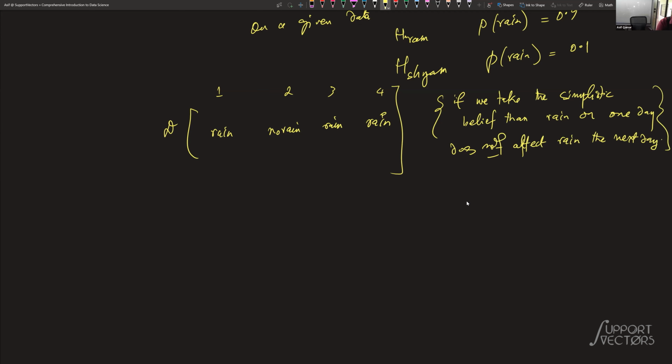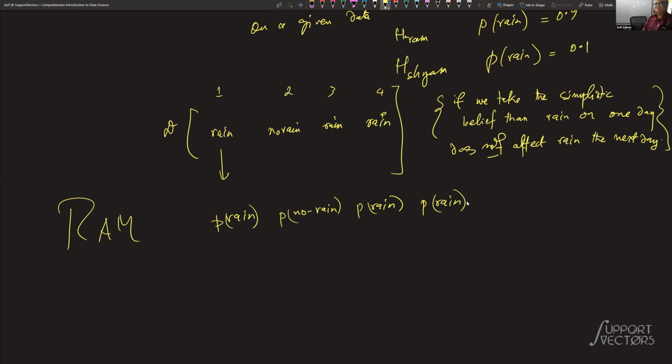So, according to Ram, the probability of rain was 0.9. All we need to look at is the event that happened: it did rain, no rain, rain, rain.